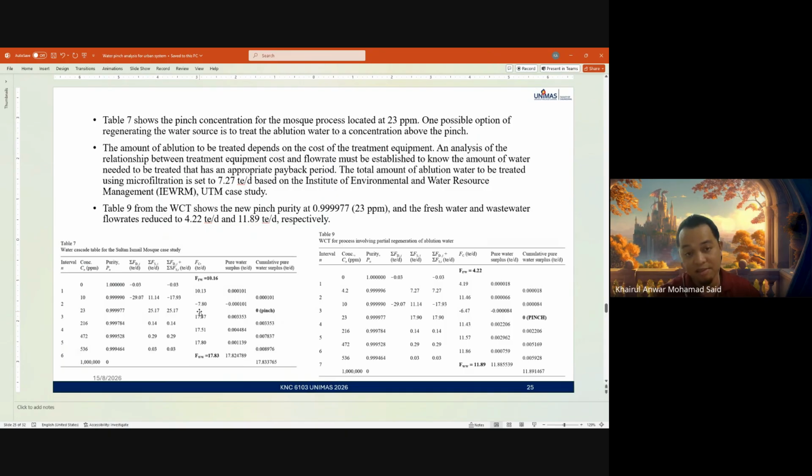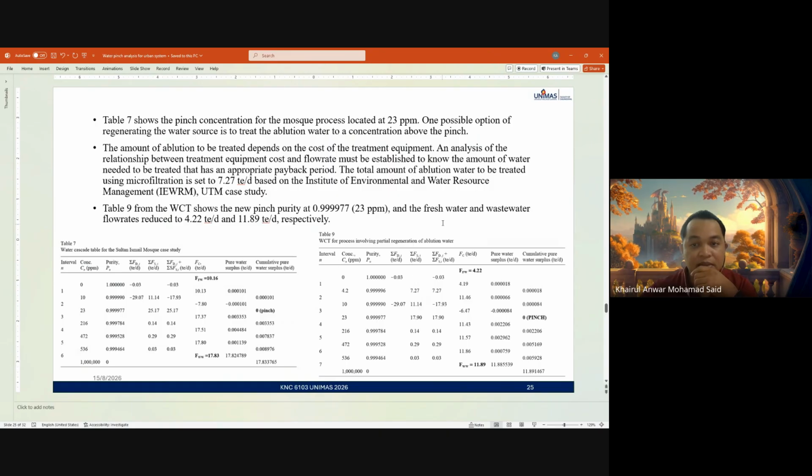Although the water is much more, the system produced by this center can only treat 7.27 tons per day. But the concentration is actually improved, since if we choose to treat across the pinch, the concentration must be higher than the pinch concentration 23. So in this case, they can go up to 4.2 ppm, the new water source 7.27.